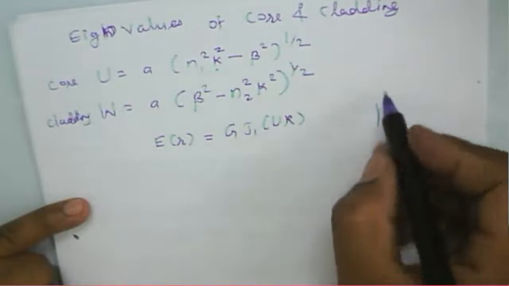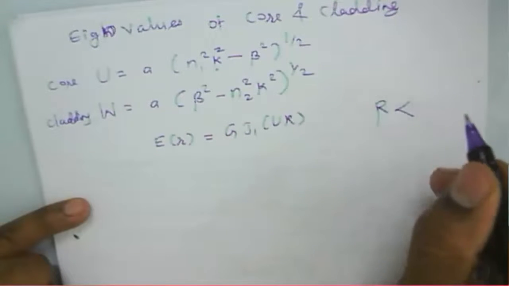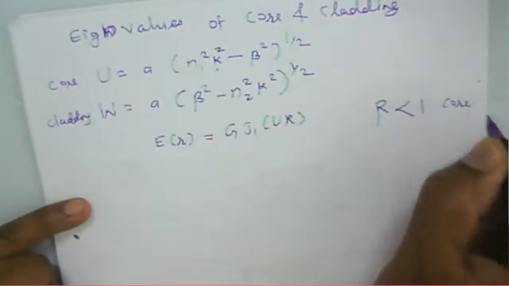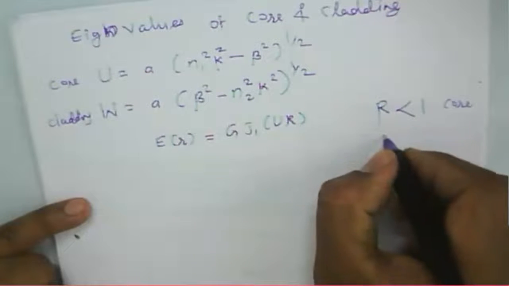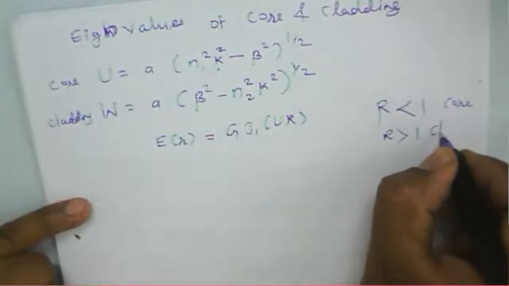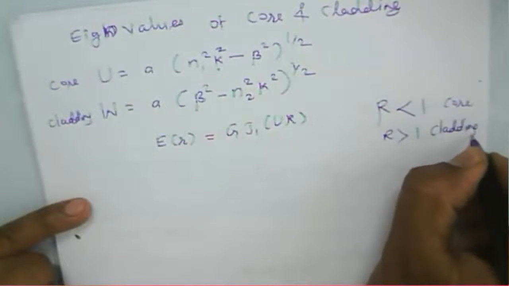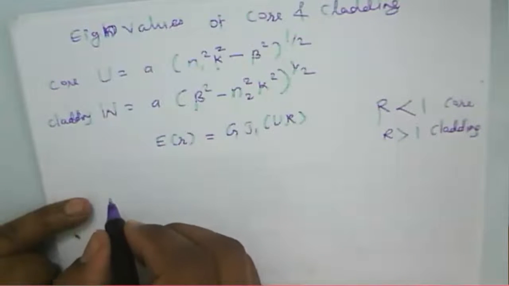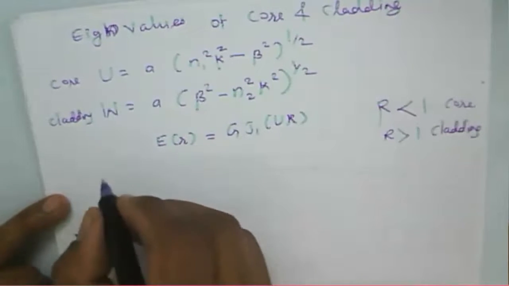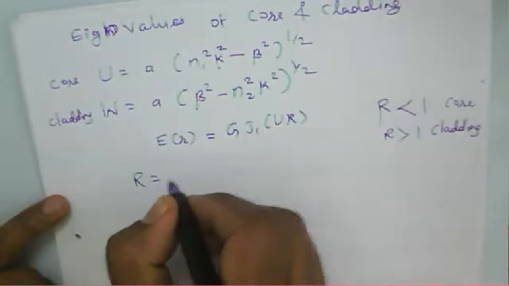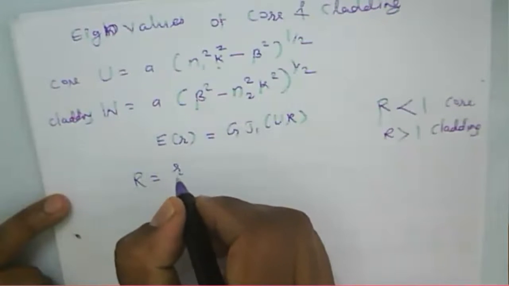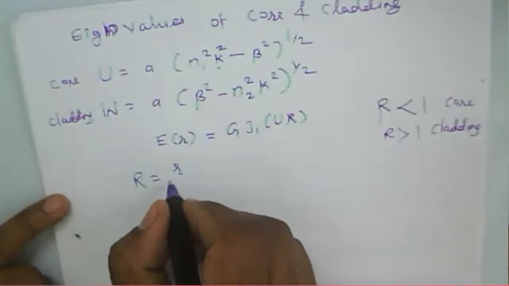When R is less than 1, that is nothing but the core. And if R is greater than 1, that is nothing but the cladding here. And this capital R is nothing but the normalized radial constant.